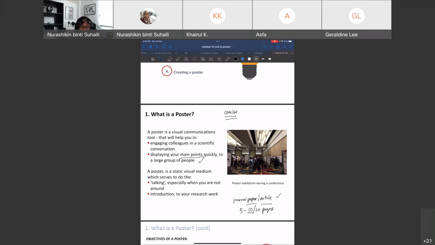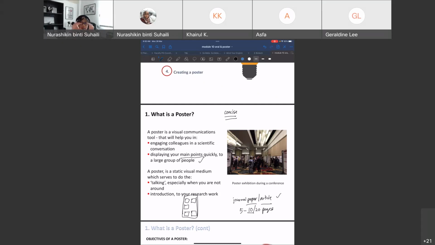and it's more detailed than a poster. Whereas in a poster, you just imagine it's a piece of paper that you paste on the wall, and you have to divide it into a few sections. Like you have the introduction, the methods, the results, the conclusion, whatever the suggestion.